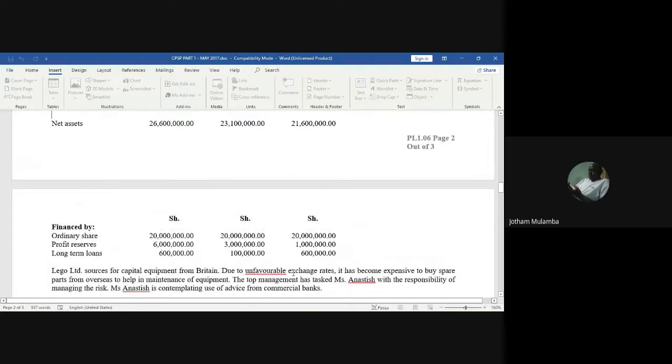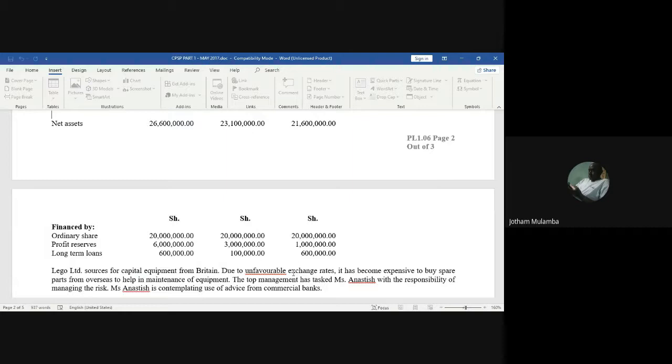Now, for us to get the capital, you see the figures which are written here, financed by. That's what is representing capital. Still under financed by we will get the total, but we have long-term loans, which is part of liability.